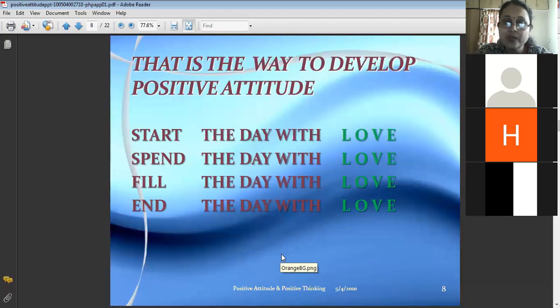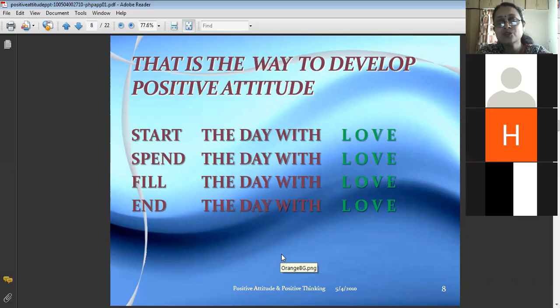But there was one important sentence she said: whatever we listen to at the last moment, we remember for a longer time. Whatever is the last sentence we listen to, we remember for a longer time. And I realized that whatever she said is very much true.